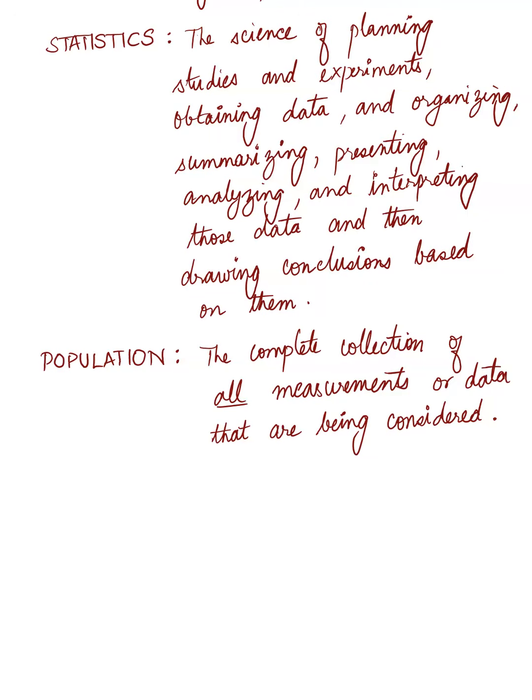If I say all the red cars in the United States, that becomes the population. If we're talking about all the red cars in California, then that becomes a population. So you can reduce it to whatever you want. But when we say population, we mean all of them in that group that you're considering. So if I say California, then I'm talking about all the cars in California.